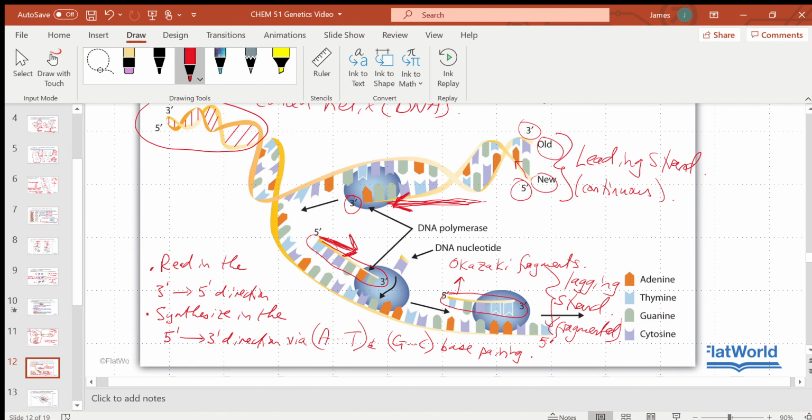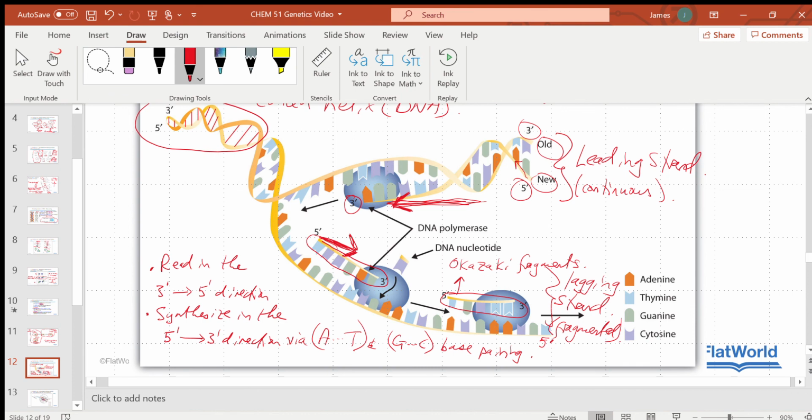And it lags behind. It literally takes longer to make this. Why not just have one way to make it? Well, if the goal is to relay the message faithfully, you might argue that statistically that's more likely if you have one mechanism. If you were to read both in the 3 to 5 and the 5 to 3 direction, you'd need 2 mechanisms.